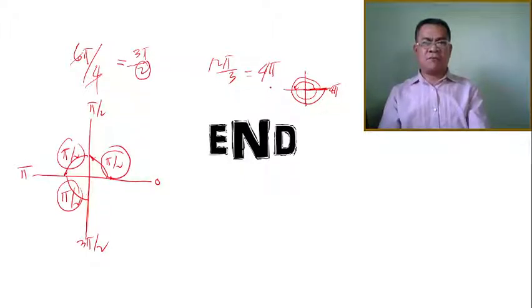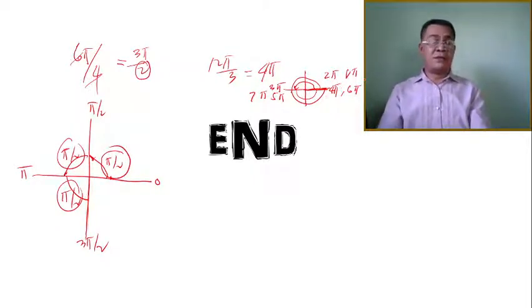If 3 pi, this is 3 pi. Odd multiples of pi signify the negative x-axis, and even multiples the positive x-axis.